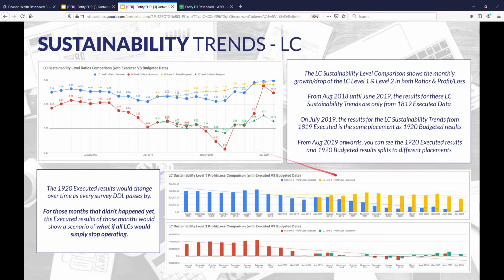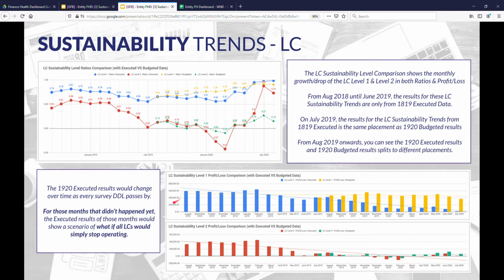But if you look at the absolute amount of profit for the past 12 months, you can see the amounts are actually dropping. This means that even though your ratio looks good, it's mainly because your profit is dropping hard in comparison to the budgeted plan that you wanted to have.